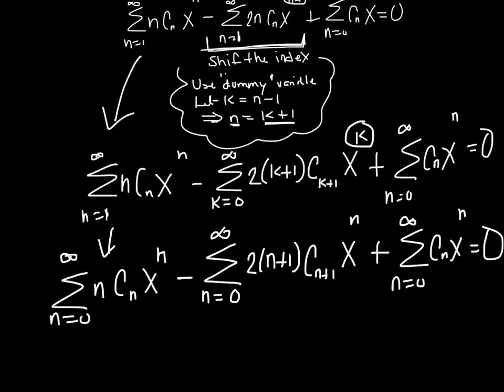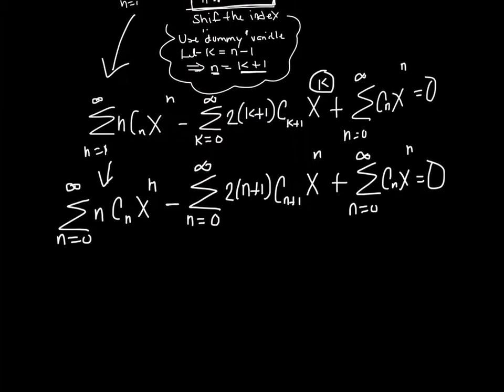Now if you want to convince yourself that this series really is the same as this series, just start plugging in the indices. If k is 0, the first term is 2 times 1, so that's 2c1. Well, if n is 0 here, that's 2c1, so you get the first term, you do it for the second term, and so forth.